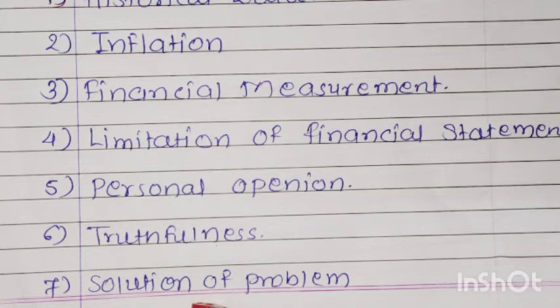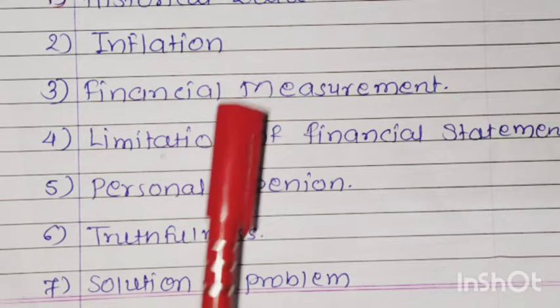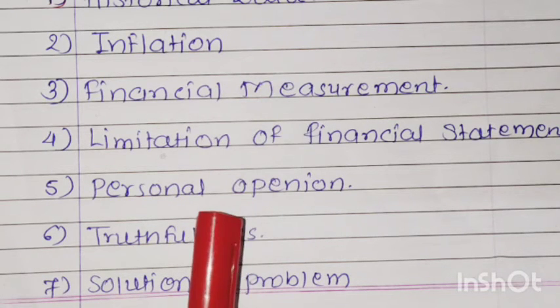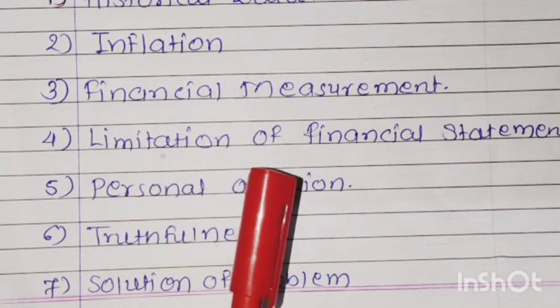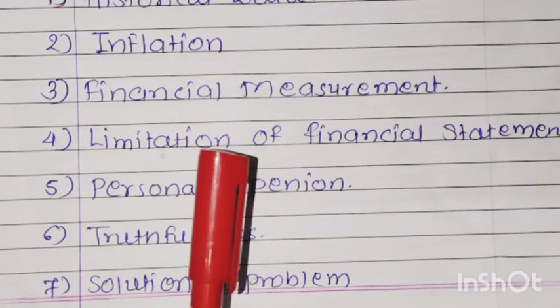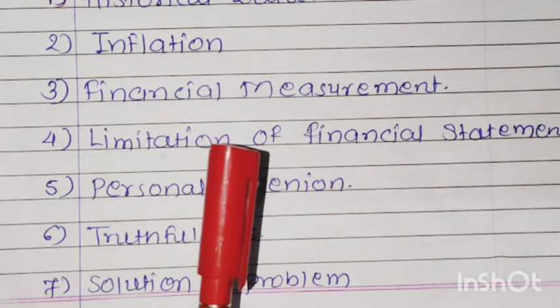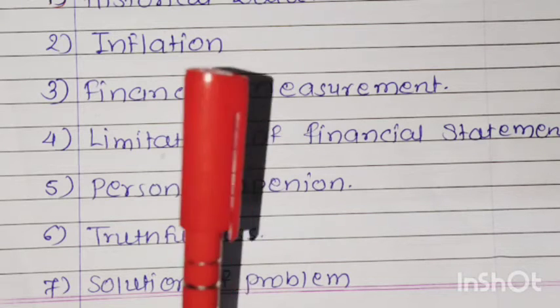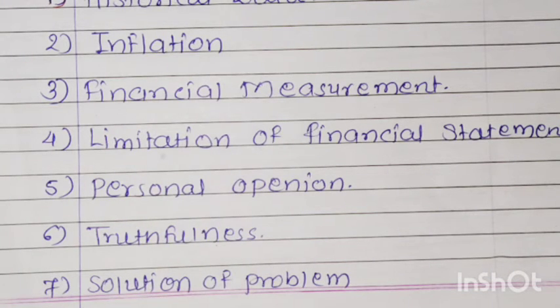The management has to find out the solution and frame strategy accordingly. From the above discussion, it is concluded that the limitations of financial analysis are the result of limitations of financial statements. If the limitations of financial statements are eliminated, the limitations of financial analysis will be removed automatically.